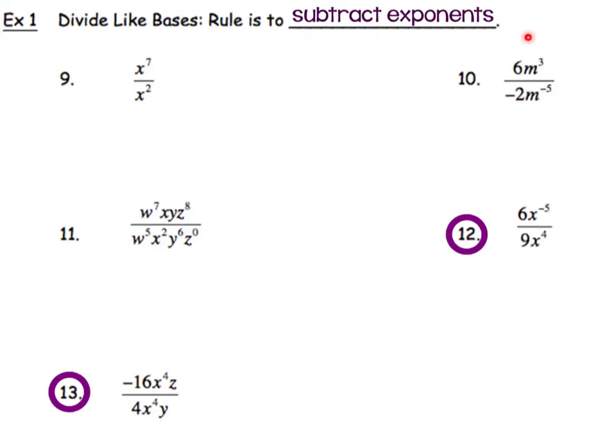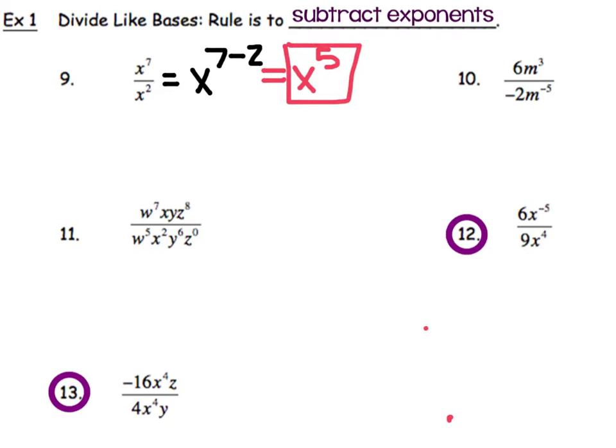If I see that their bases are the same, which means the letters are the same, all I have to do is take the exponents and subtract them from each other. That would give me an answer of x to the 7 minus 2, which is x to the 5th power.